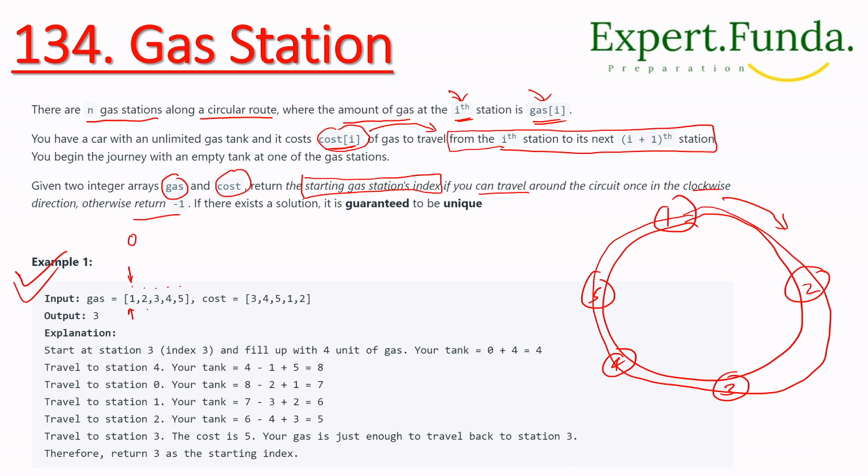At index 1, it is 2. Like that we have. Similarly, cost of i, if we start from index 0 to the next station, is the cost we have.